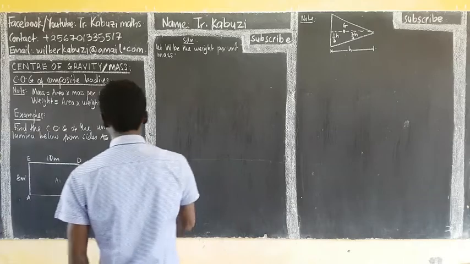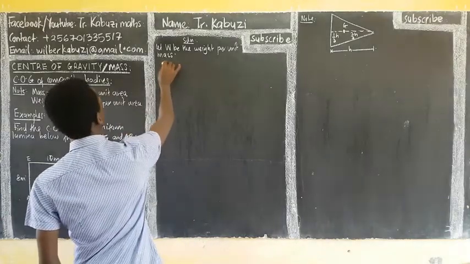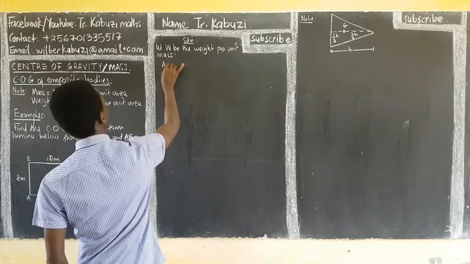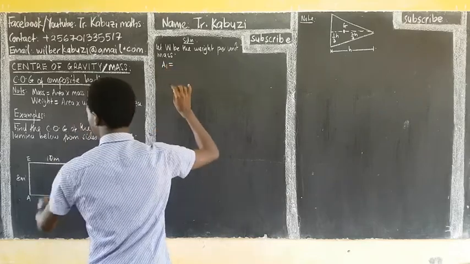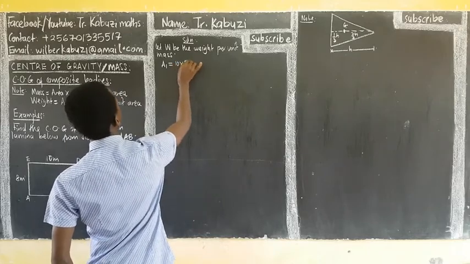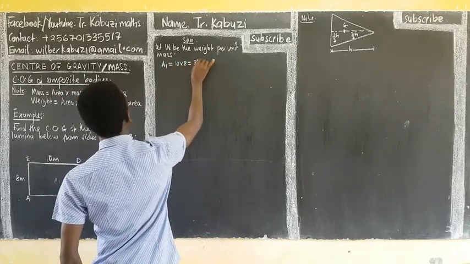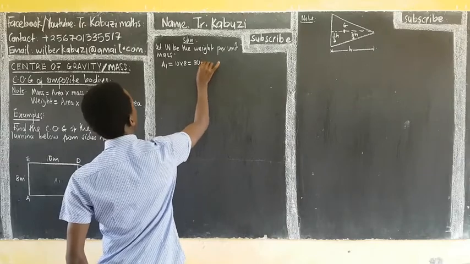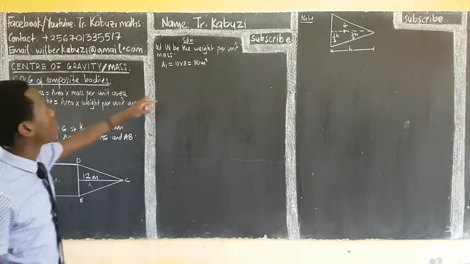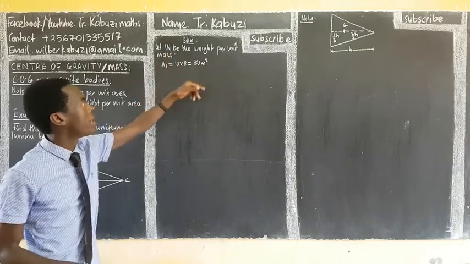So if I get the areas, of course, area A1 is going to be, this is a rectangle, so I get the length times width, which is going to give me 80 meters squared. Now, because we want the center of gravity, I'm going to calculate the weight by unit area.